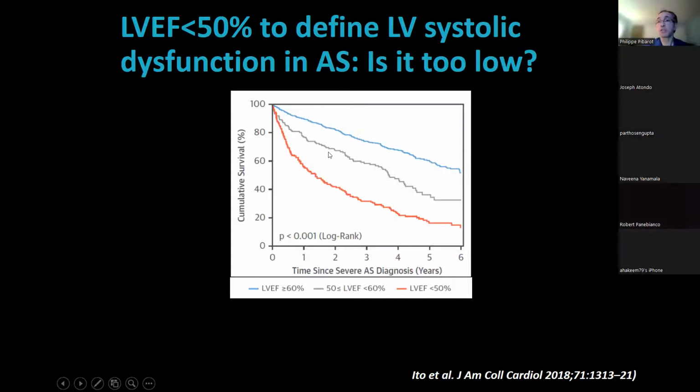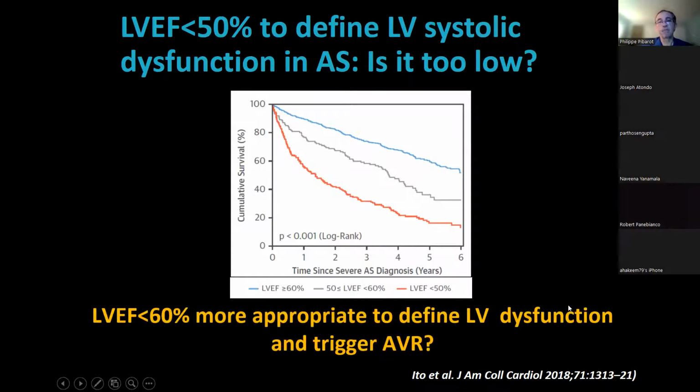So these patients obviously have subclinical dysfunction that is not identified by the LV ejection fraction per se, and they are at high risk for worse outcomes. I've always felt that an LVEF of 50, 55%, 57% is for a patient with AS and LV concentric hypertrophy already too low.